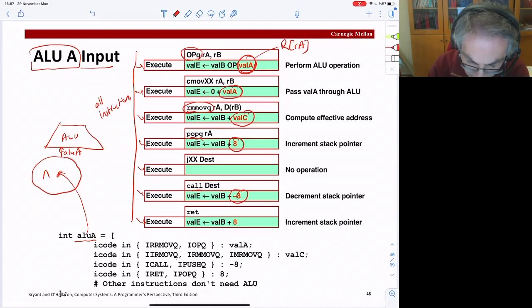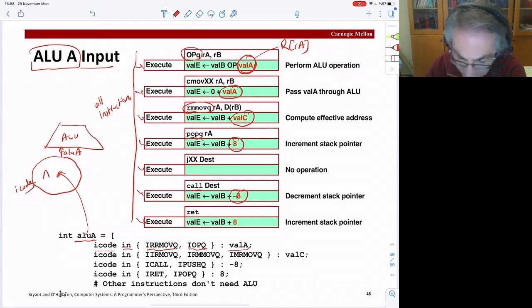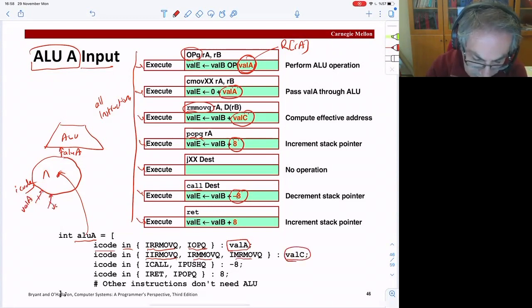And what it's saying is, it takes as input the I code. If it's register to register move or arithmetic logic instruction, then it should be value A. So I also take value A here, which is a 64-bit number. And if it's immediate to register move or register to memory move or memory to register move, then it should be value C. So I also feed value C here. Or if it's I call or I push, it should be -8, which you define as a 2's complement number.